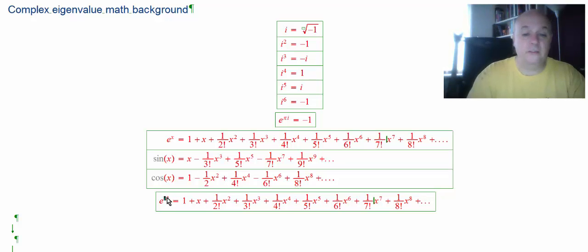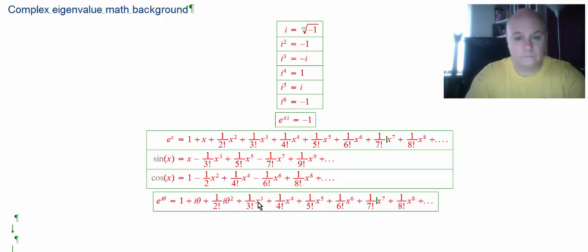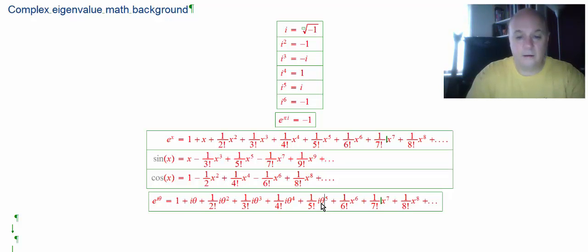So e to the x is 1 plus x plus x squared over 2, etc. e to the i theta, everywhere there's an x in here, I'm going to put an i theta. Put an i theta there, put an i theta there, I'll put an i theta there.